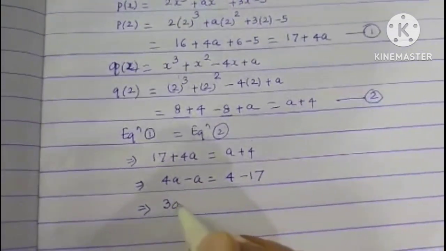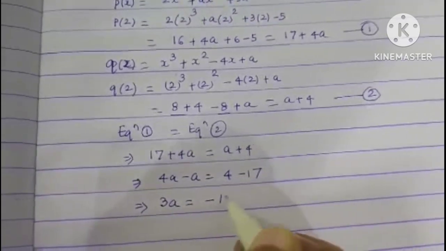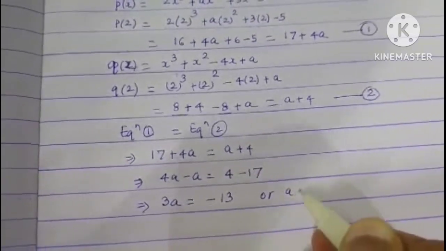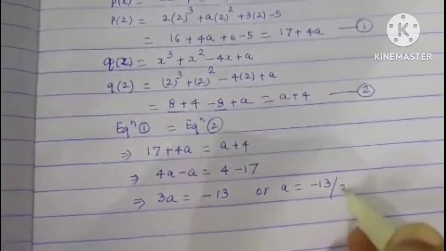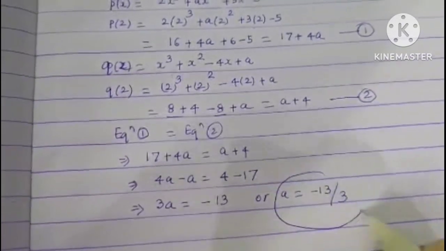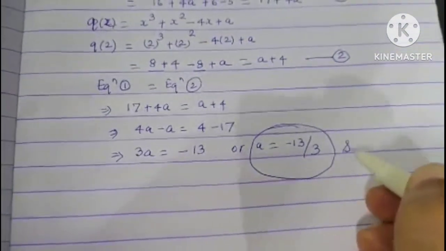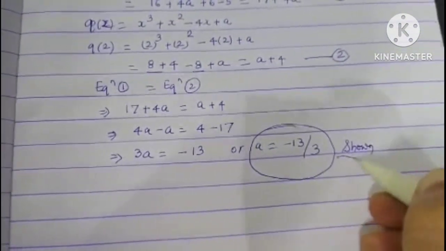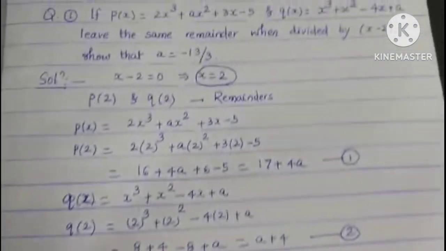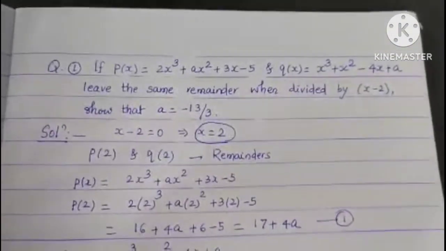So 3a is equal to minus 13, or a equals minus 13 divided by 3. We had to find this, so a equals minus 13 by 3. So this is the way to proceed.